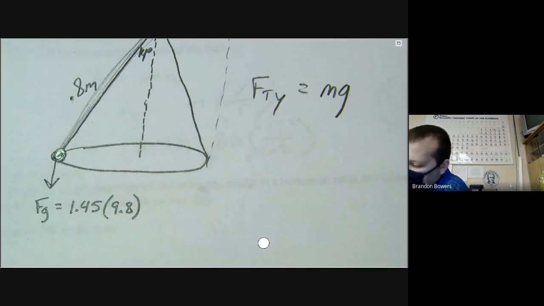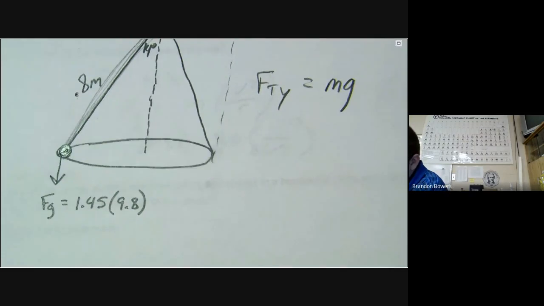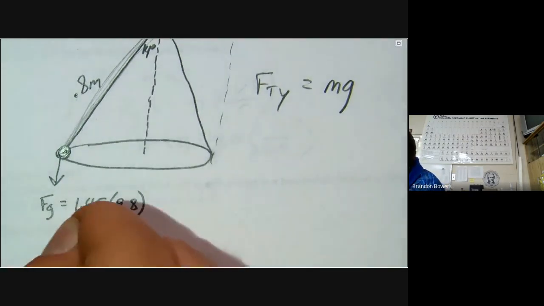The only time you would use the negative 9.8 is when you're at the top of the hill. That's it. All the other times you're going to be using positive. Anybody plug that in your calculator? What'd you get? 14.21.